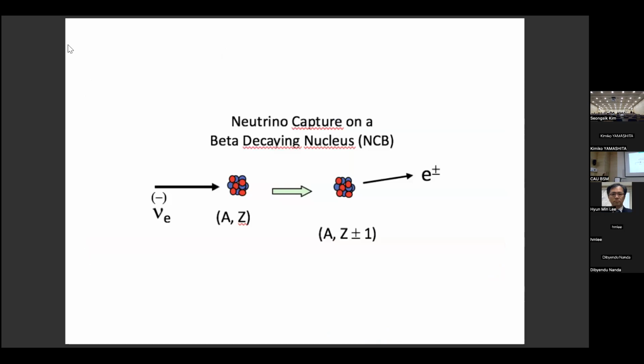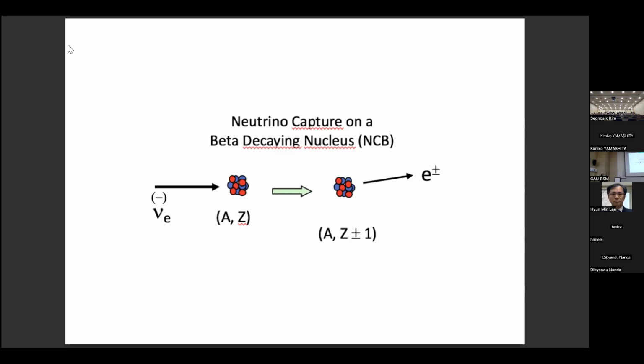So basically, the usual beta decay is when a nucleus decays to a lighter nucleus and produces an electron and a neutrino. That's a natural beta decay without any energy barrier. But if a neutrino around this nucleus collides with it, then the nucleus changes and produces an electron or positron. This is the interaction we are considering.